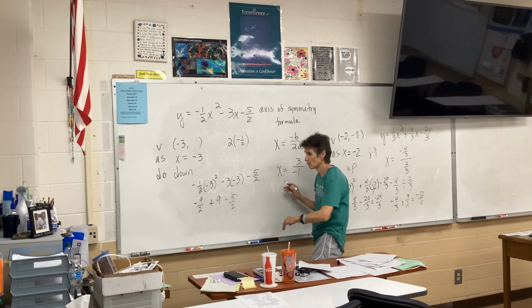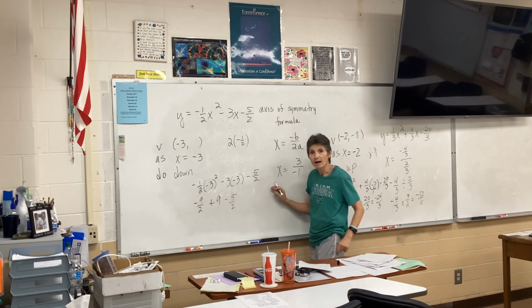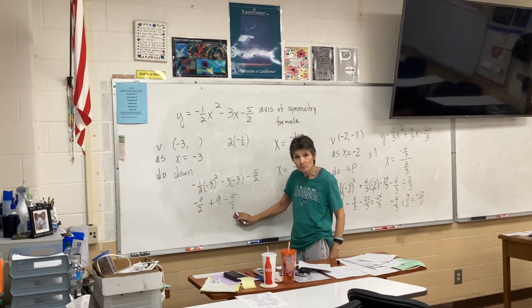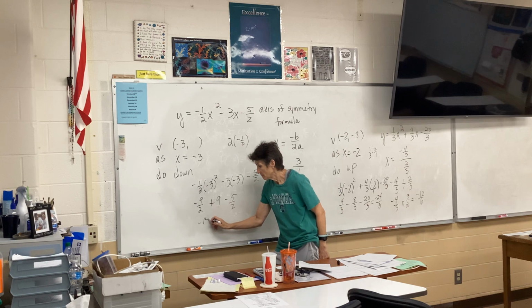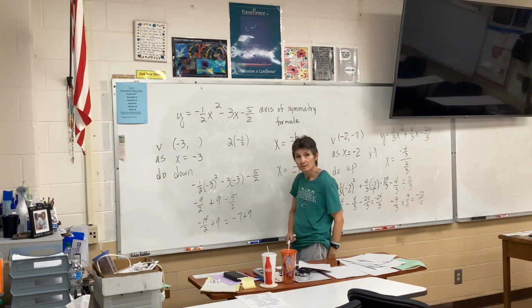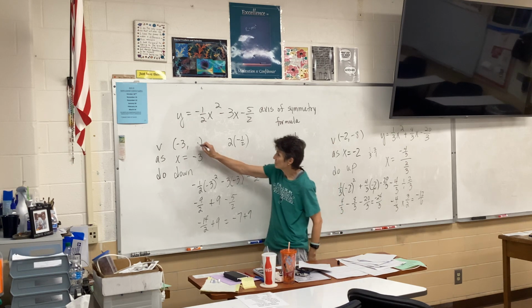Let's do the fractions first. -9 and -5 makes -14. Divided by 2 is -7 plus 9 is 2.